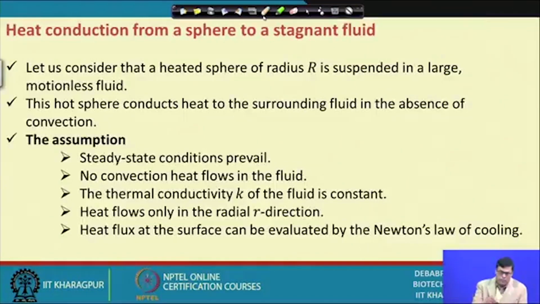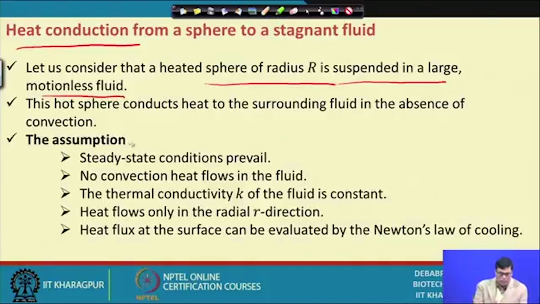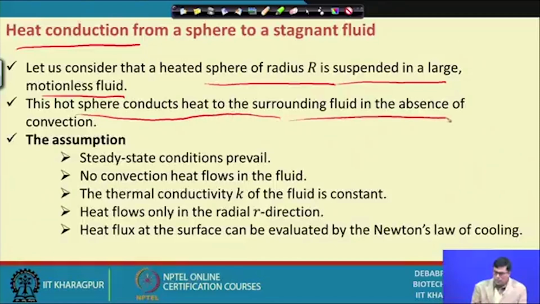Before that, we discuss convection. Now, heat conduction from a sphere to a stagnant fluid. Let us consider a heated sphere of radius R suspended in a large motionless fluid, and the hot sphere conducts heat to the surrounding fluid in the absence of convection.